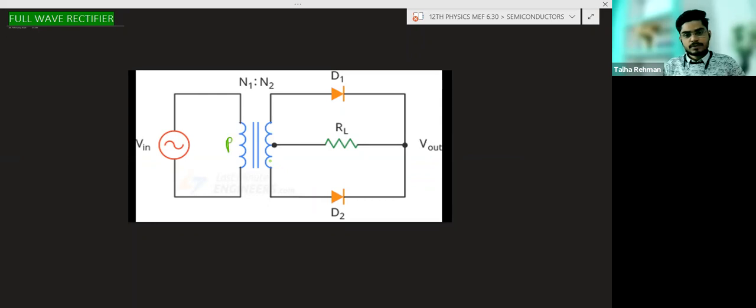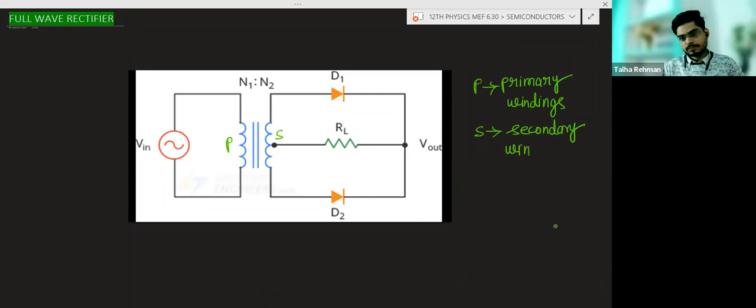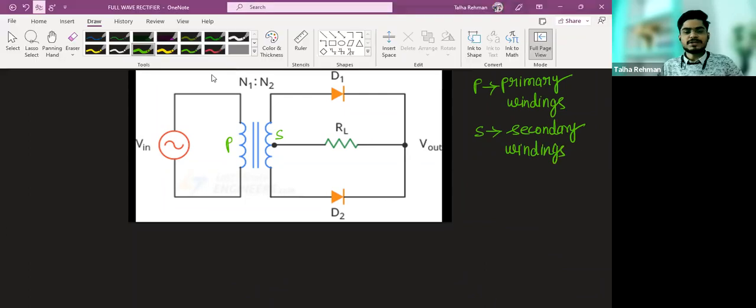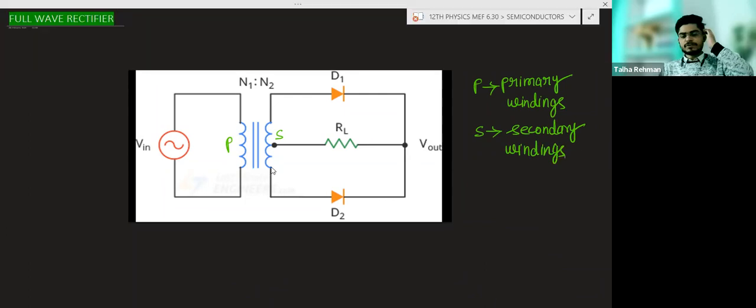P means primary winding, S means secondary winding. N1 is the number of turns in this winding, N2 is the number of turns in this winding. So mutual induction will take place.